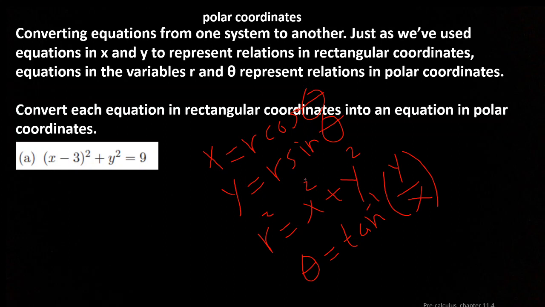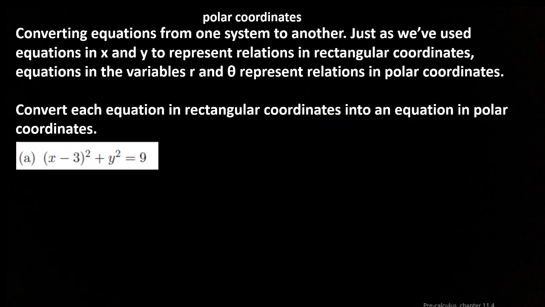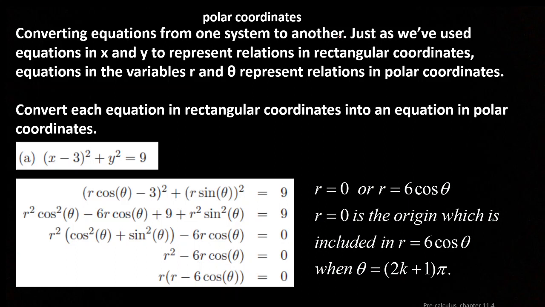These are the formulas we use. So let's look at this. We are going to write r cosine theta for x, and for y we write r sine theta, and basically go through simplifying.